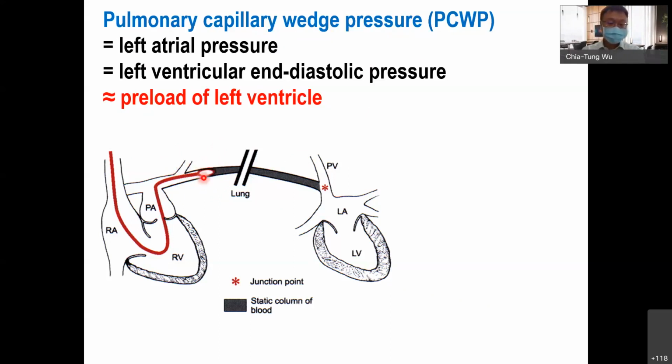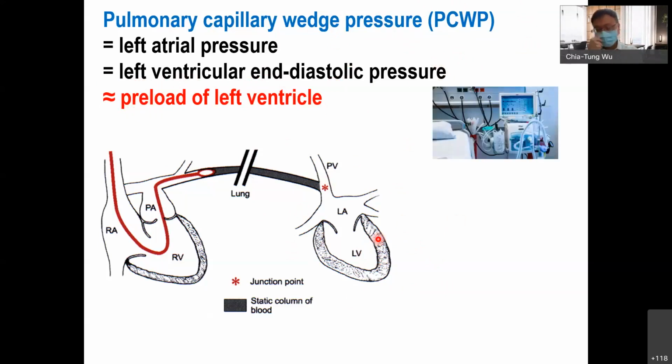So the pressure here means the left atrial pressure, also the left ventricular end-diastolic pressure. It sounds familiar. Why? Because it can represent the preload of the left ventricle. LVEDP means the preload of the left ventricle. So we use PCWP to monitor the preload of the left ventricle.